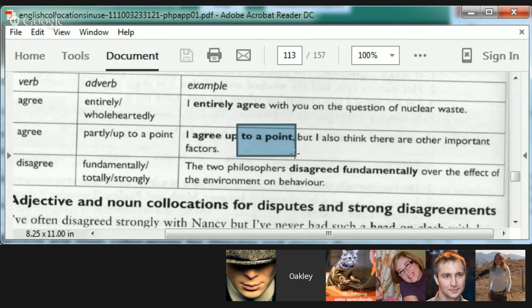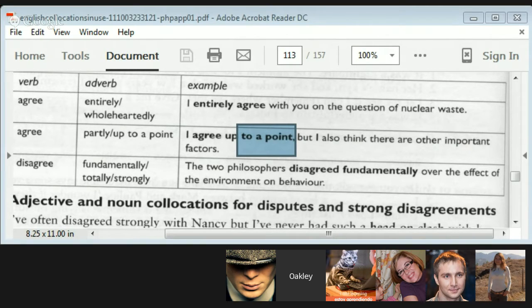It's very interesting. Up to a point is like, okay, all right. You might say to a certain extent. Well, I agree with you to a certain extent. To a certain extent means up to a point.